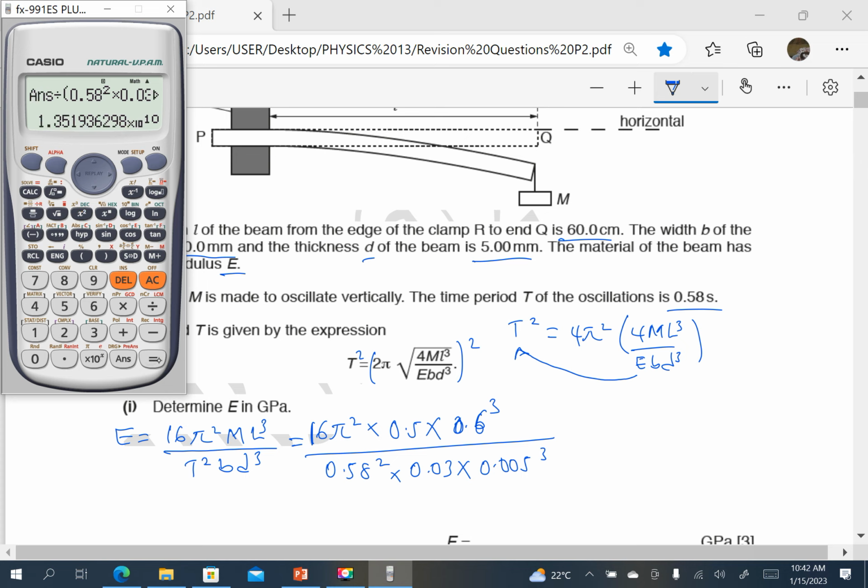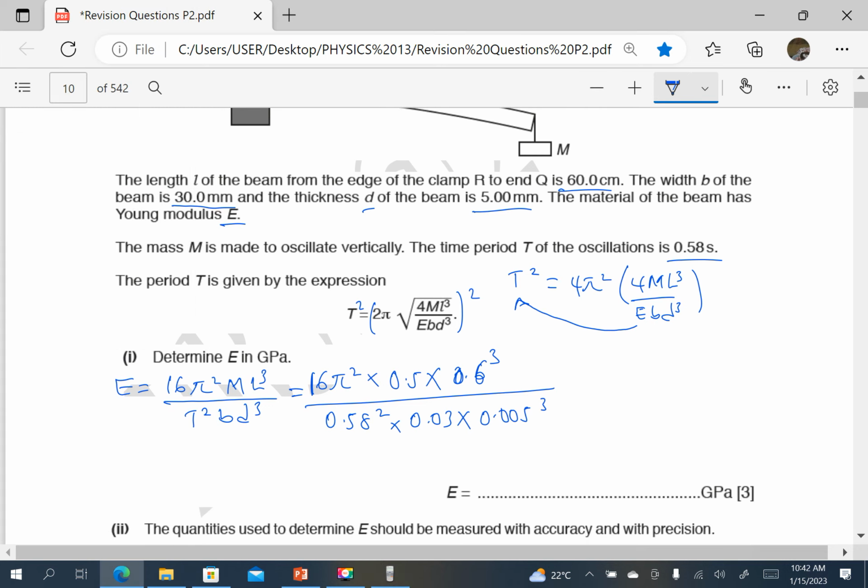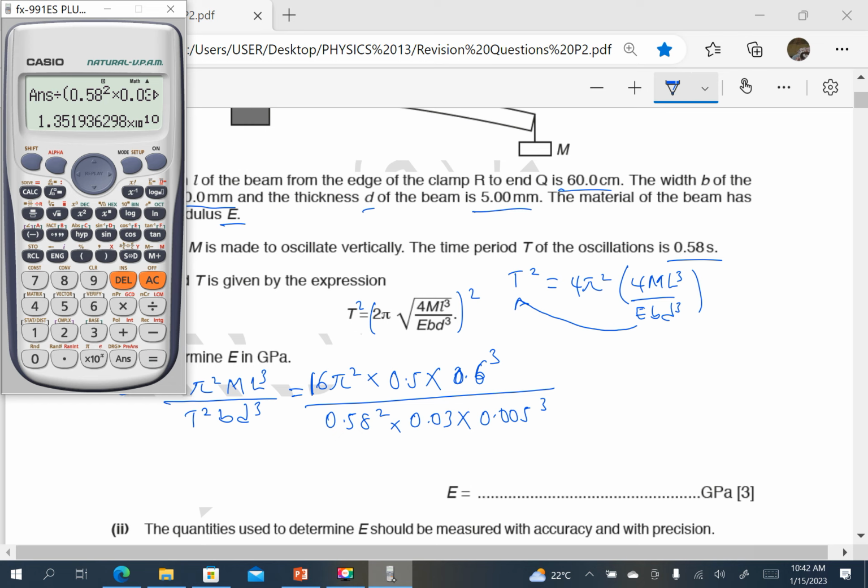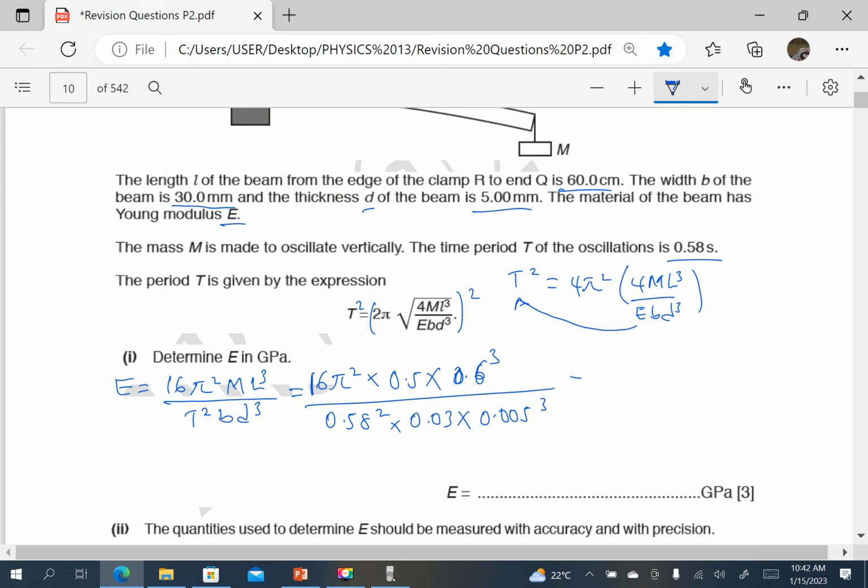So this is giving us 1.35 times 10 power 10.